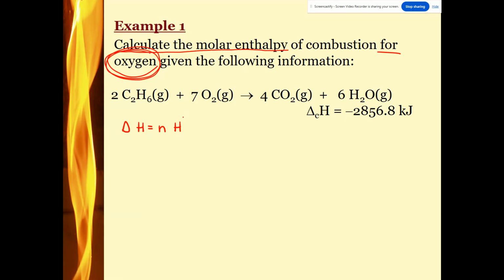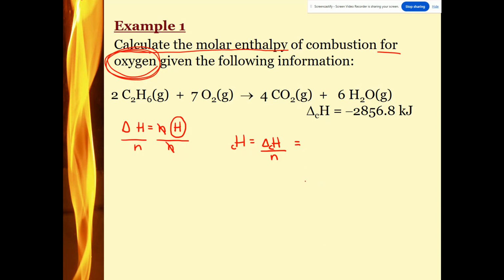So if I want to solve for my H, I need to rearrange the formula by dividing both sides by n. So I'm left with the formula H equals delta H divided by n. Okay? I'm going to put the C's back because it's bugging me not to have the C's there. Just kind of a notation thing.